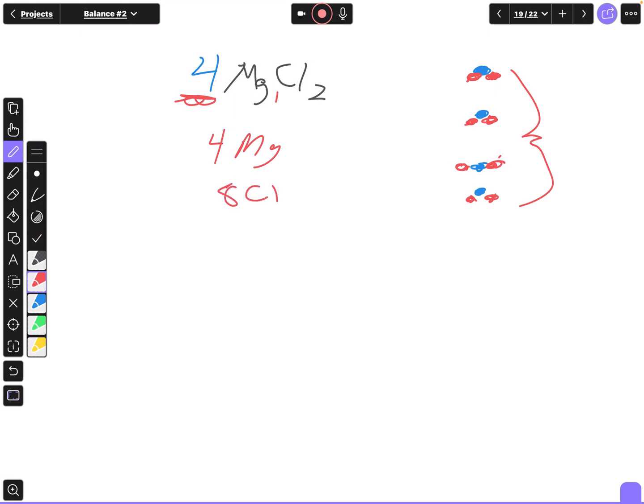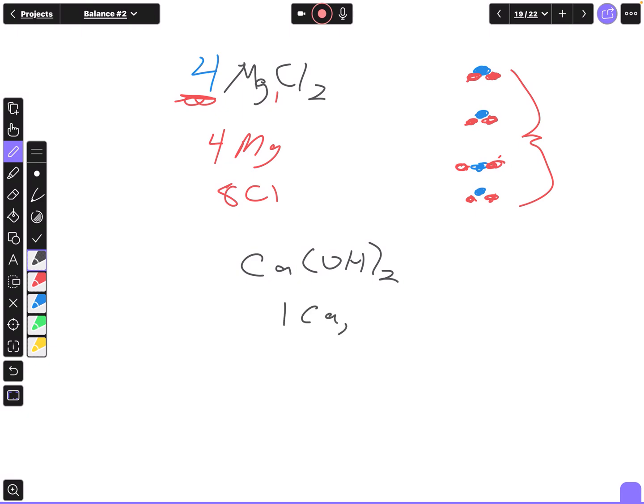And if I add these up, that's how many I would have in my little drawings. If I have an equation like Ca(OH)2, what that means is, if I'm counting my number of atoms, I would have 1 calcium.